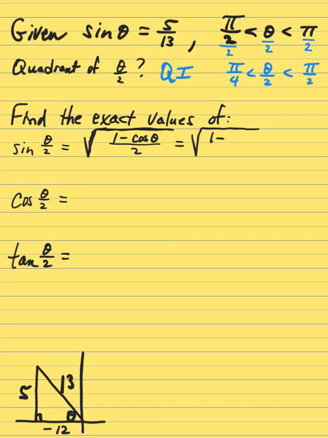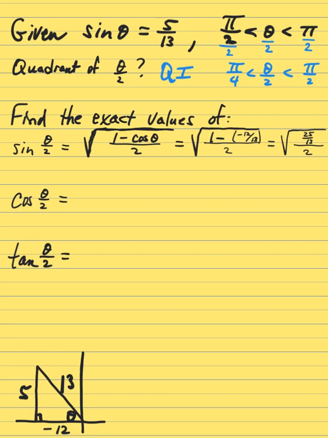From your diagram, cosine is negative 12/13. 1 minus negative 12/13 all over 2. 1, think of it as 13 over 13. That way you'll have a common denominator. 13 minus negative 12, that's 25 over 13 if you get a common denominator.